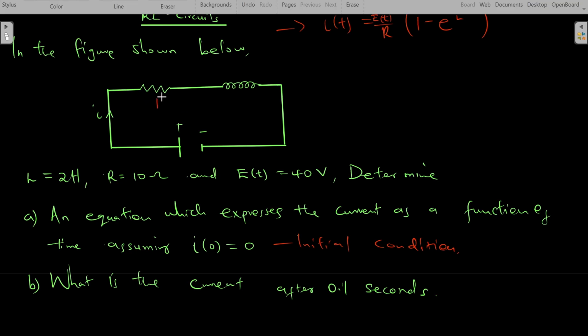Another thing you need to know, since we haven't labeled the symbols: these are a resistor and an inductor. An inductor is represented as this. A resistor is represented as either this or this.